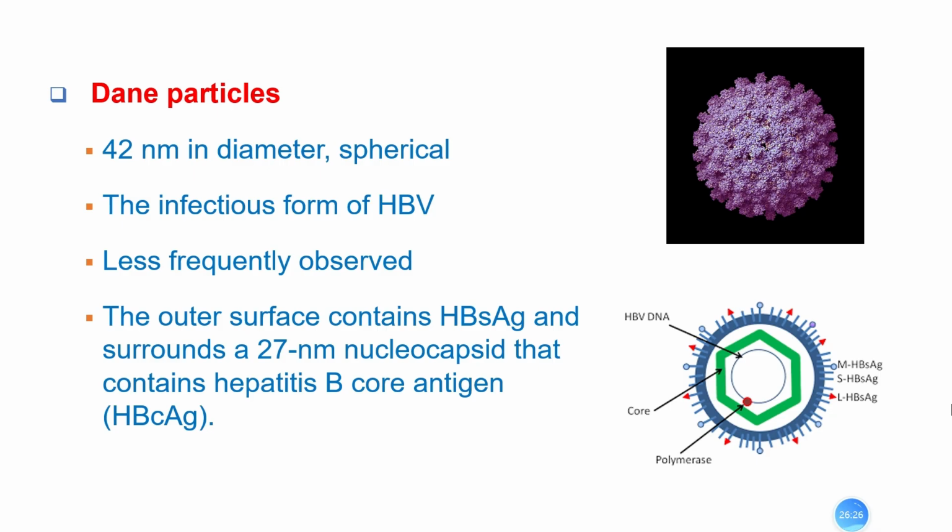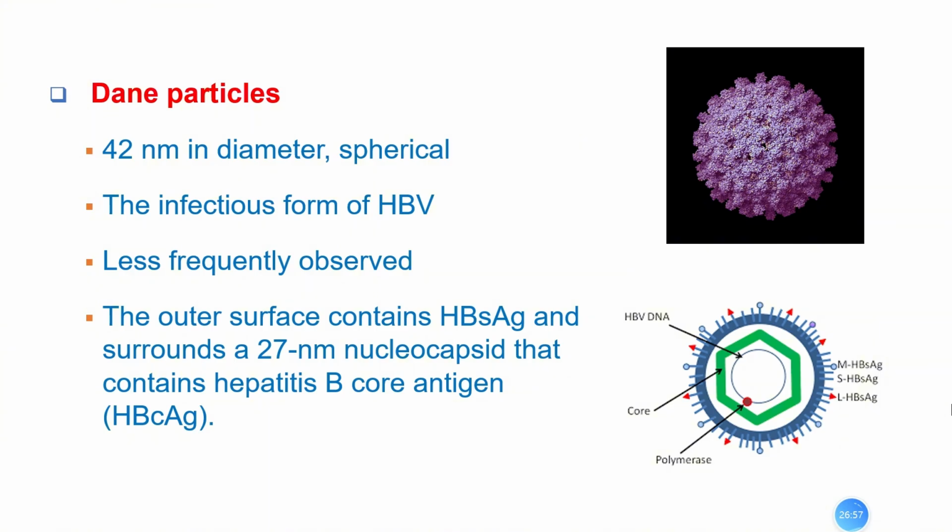There are three different types of surface antigen with different protein sizes, large, medium, small, on the surface of the envelope. And even though it has an envelope, this envelope is special in that it carries a lot of protein molecules and fewer lipid molecules, so this envelope is more resistant to ethanol.